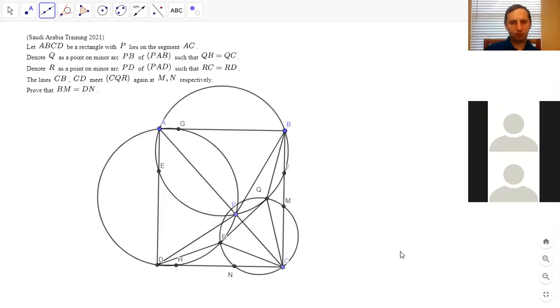Maybe we can use equal triangles. Maybe. Congruent triangles. Yeah, congruent.